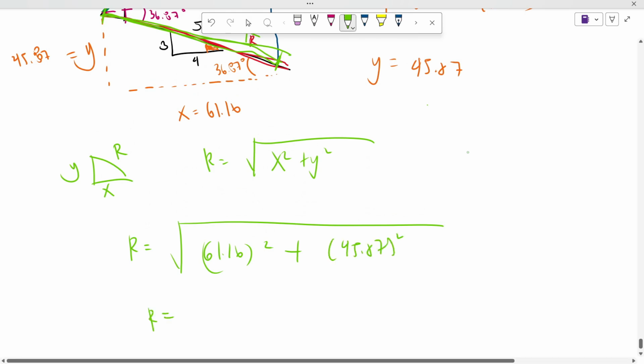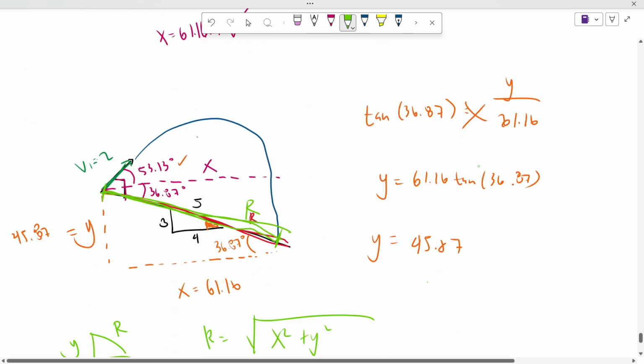Inserting in the calculator, 61.16 squared plus 45.87 squared equals 76.45, guys. So the value of the range is 76.45 meters. This will be the value of the range for this problem.